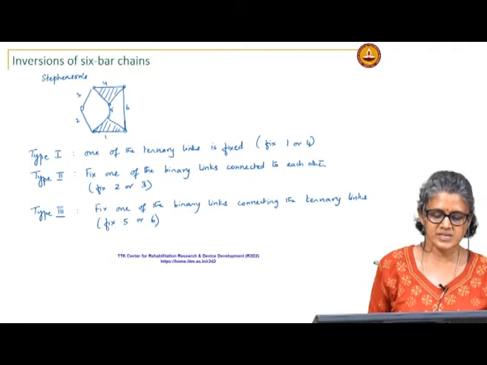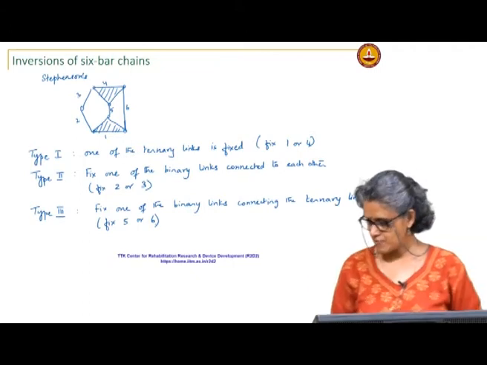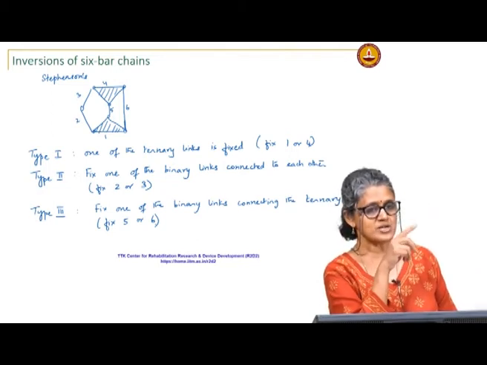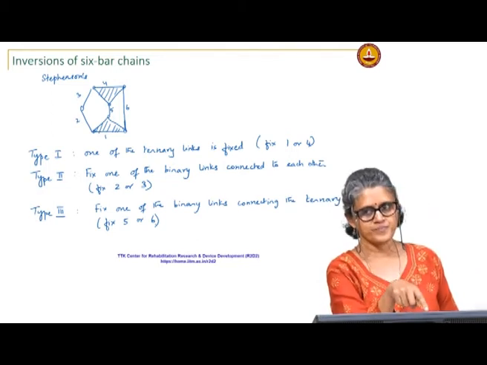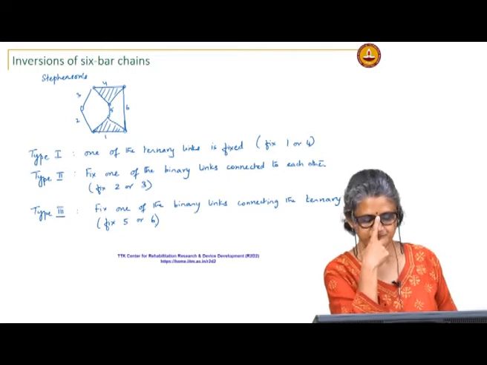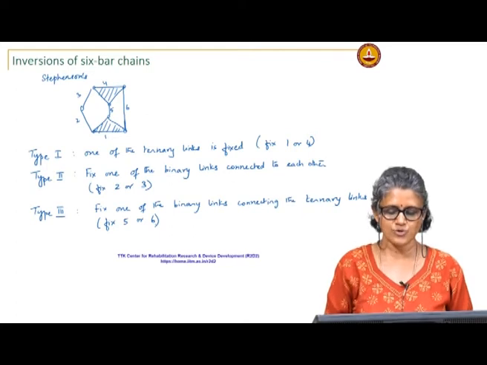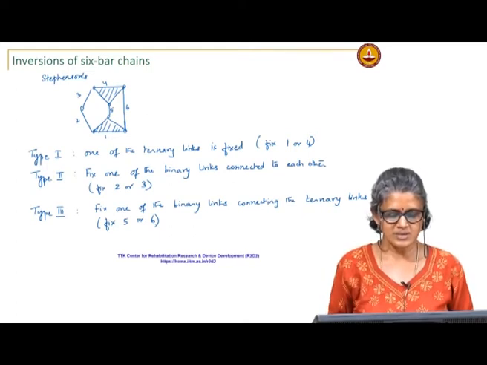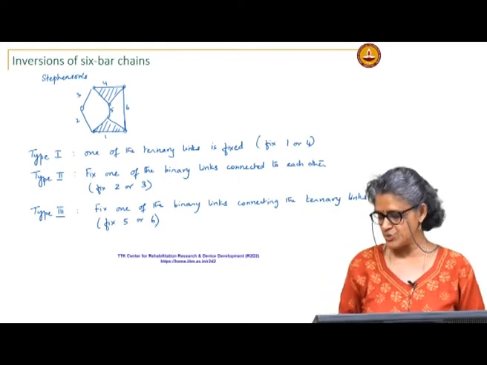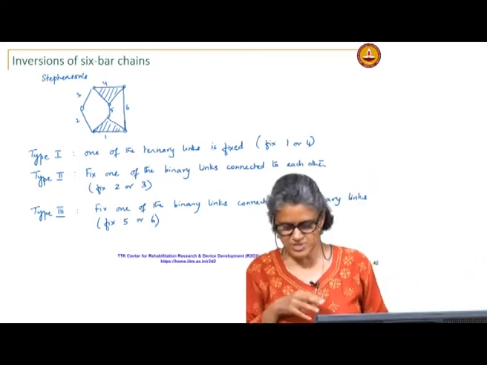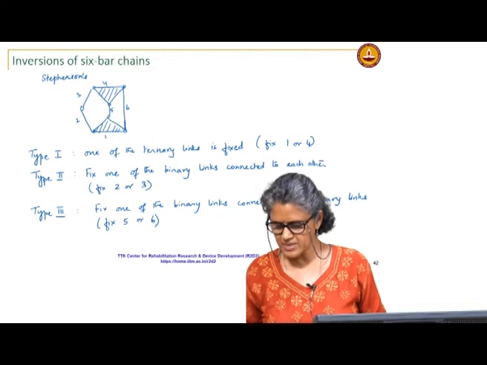If you fix 6, for instance, you are essentially getting a 4 bar again, similar to the Watt type 2 is what you will get with this. I will get some simulations for these and show you, okay, for these, because these motions are more complex than in the case of the Watt chain.